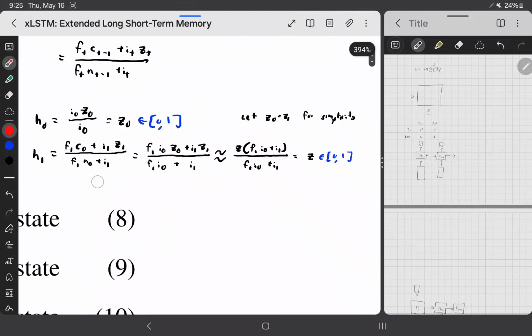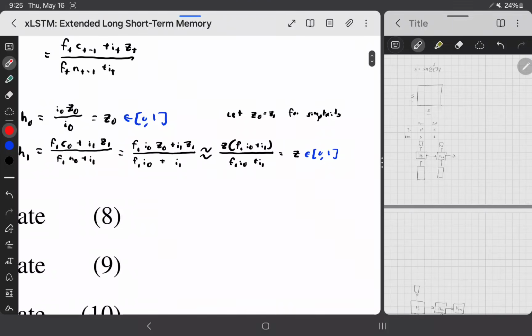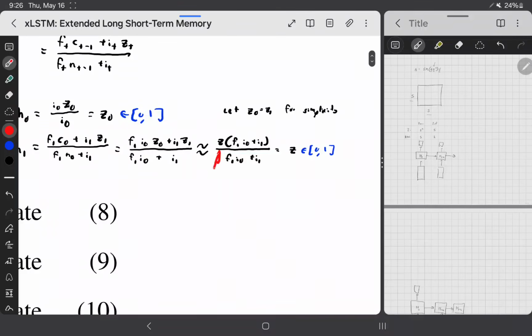Then if you go to h_1, you can write this out as f_1 i_0 z_0 plus i_1 z_1, over f_1 i_0 plus i_1. If we assume that z_0 and z_1 are the same, just for the sake of argument, then you can extract z and you get out z, which is stable again.